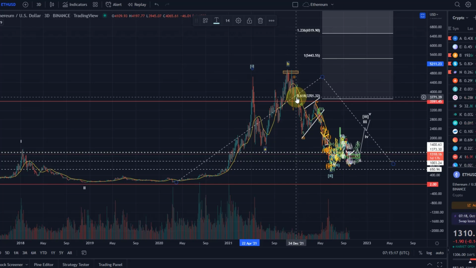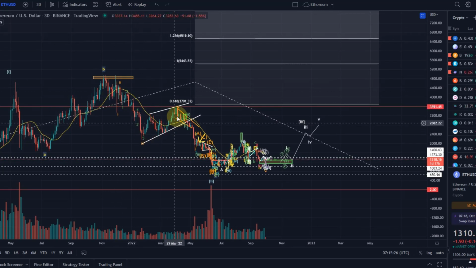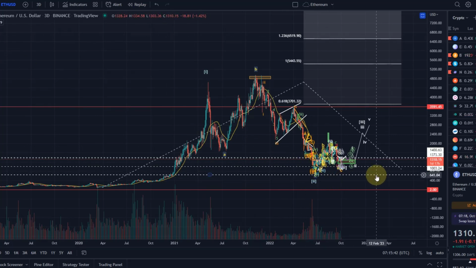And what you need to understand, as an Elliott Wave analyst, is that there are 3, 4, 5, 6 different interpretations of this move to the downside that I could put on the chart here, and it wouldn't make a great difference. What was important and what is important is the key levels. The key levels for Ethereum were down here, highlighted between these lines, between 650 and roughly $1,400, and we've come into this area.